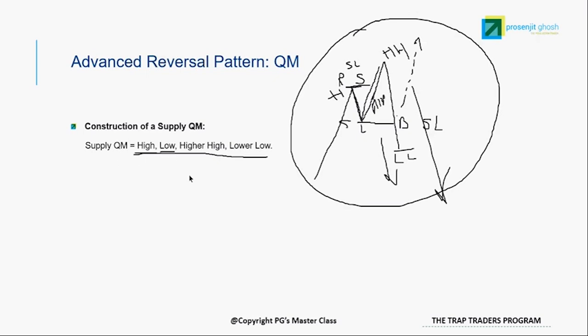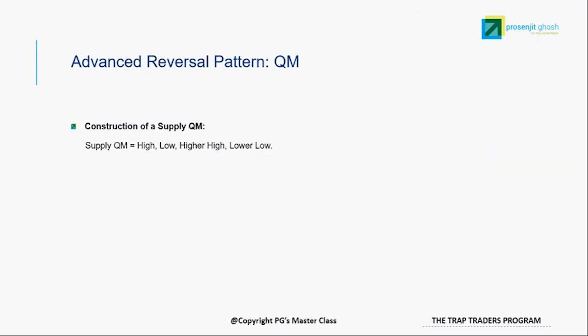So this is the construction of a supply QM. You need a high followed by a low, followed by a higher high, and followed by a lower low. Note, when a lower low gets created, we want the authentic demand also to be engulfed at that time.